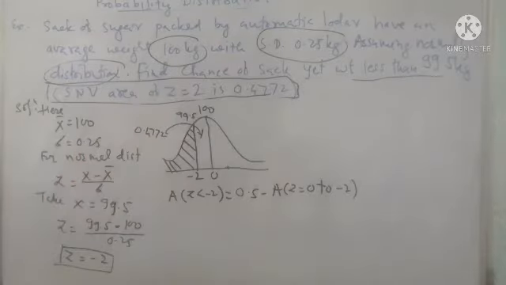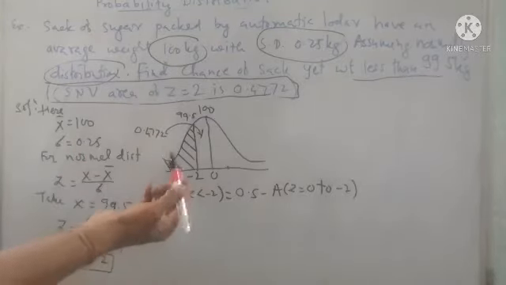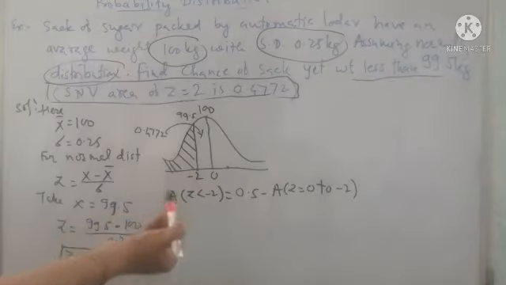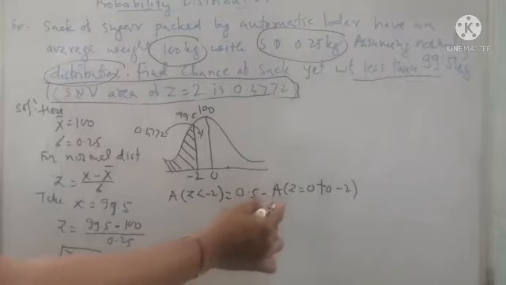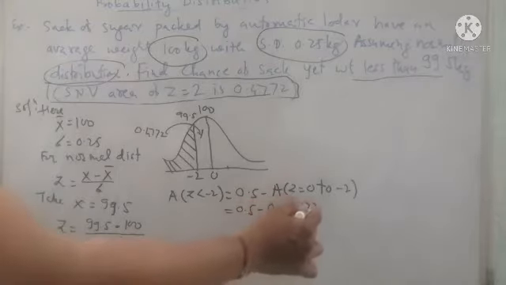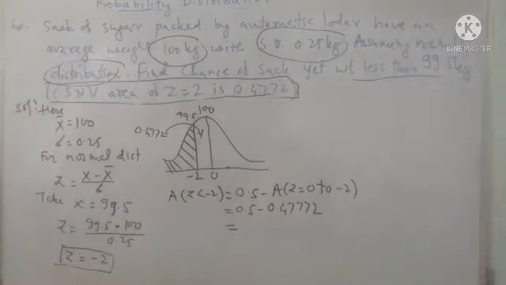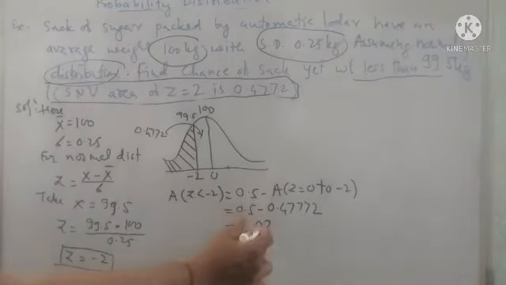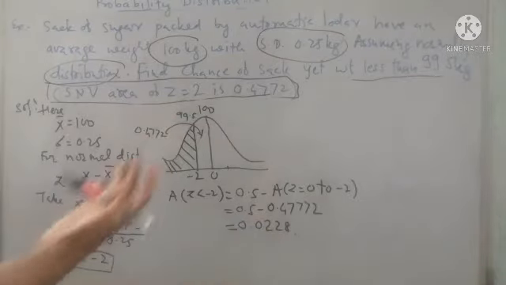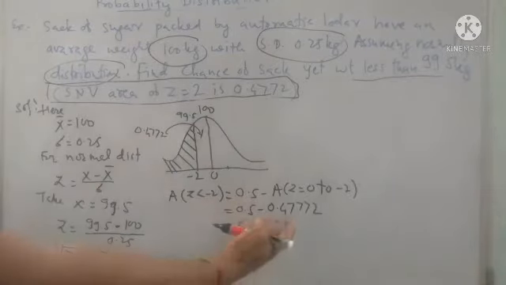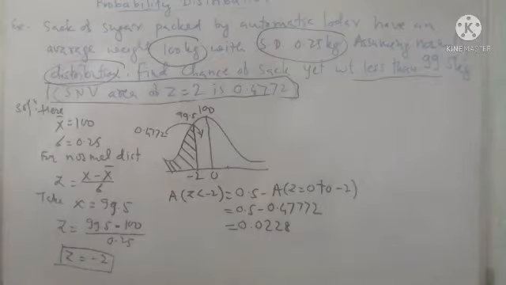Using this we can find the area less than z equal to minus 2 by subtracting it from 0.5. So 0.5 minus 0.4772, we evaluate as 0.0228. This is the area, that means the probability of a sack weighing less than 99.5 is 0.0228.